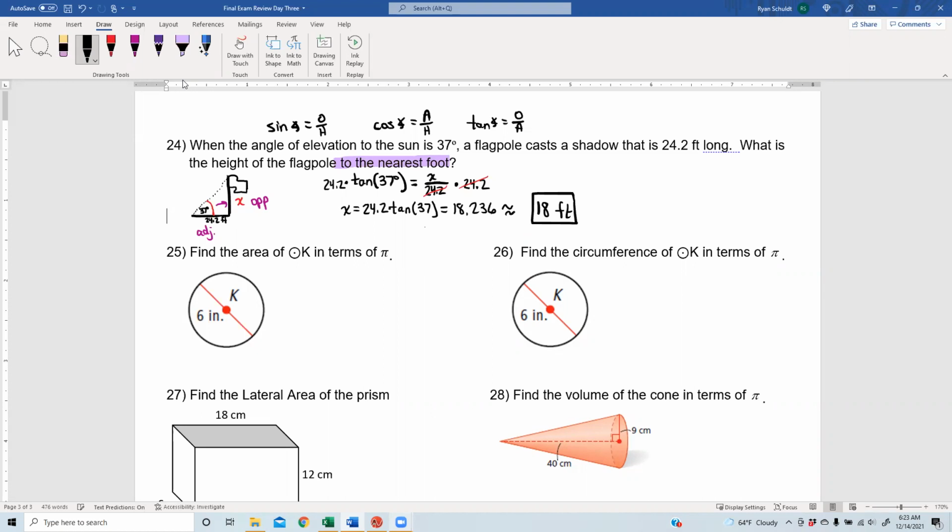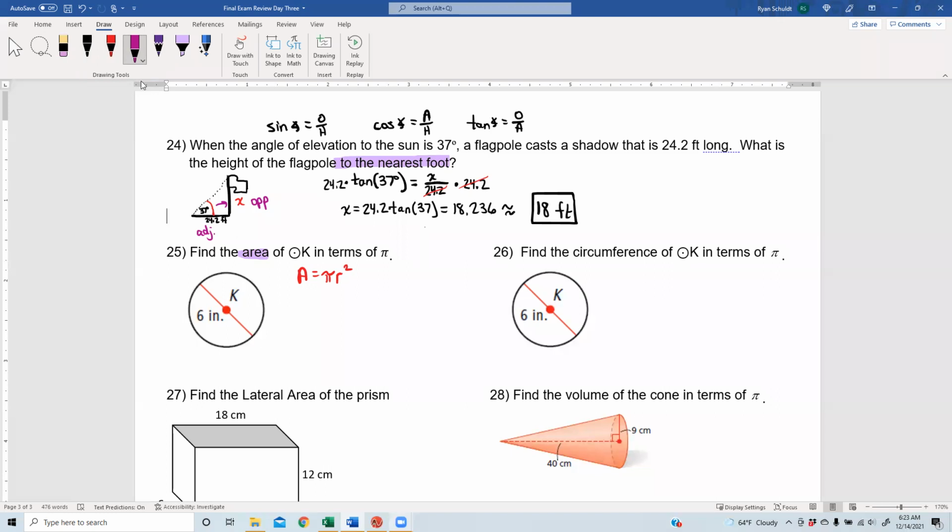25. Find the area in terms of pi. So the area of a circle, our formula, not C, I want area. Area is pi r squared. Now, the 6 right here, that's not our radius.